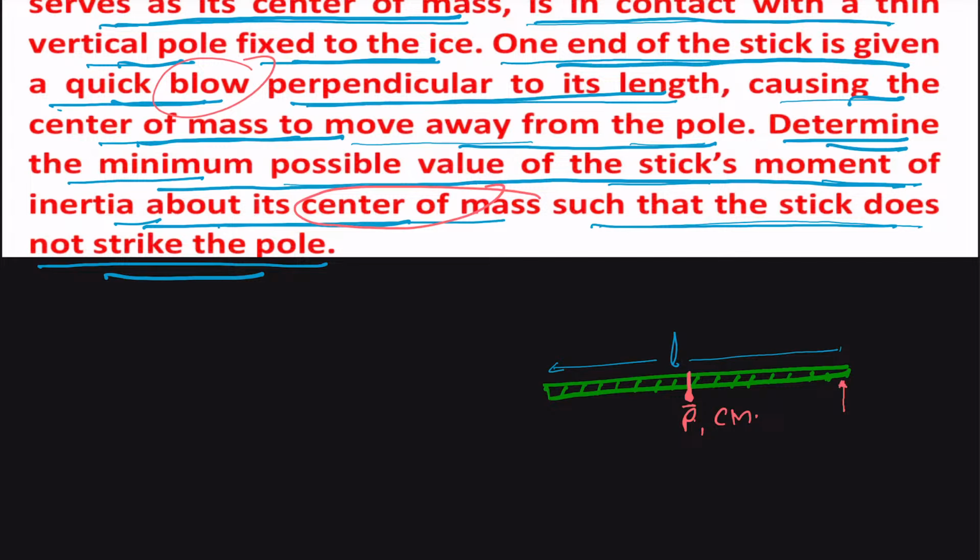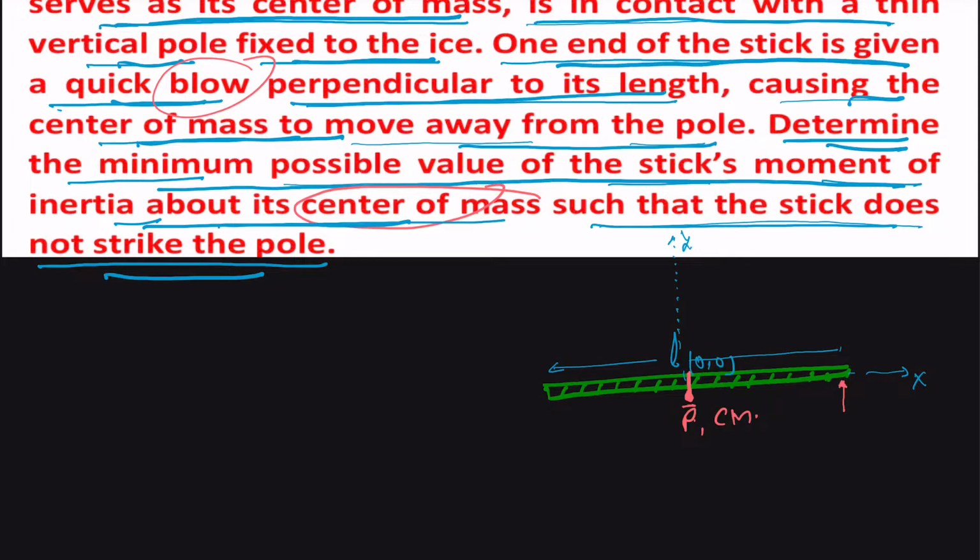For the sake of convenience, let us assume that this stick is lying in our xy plane. So this is our x-axis and this is our y-axis, and the center of mass has the coordinate of the origin, that is 0, 0.